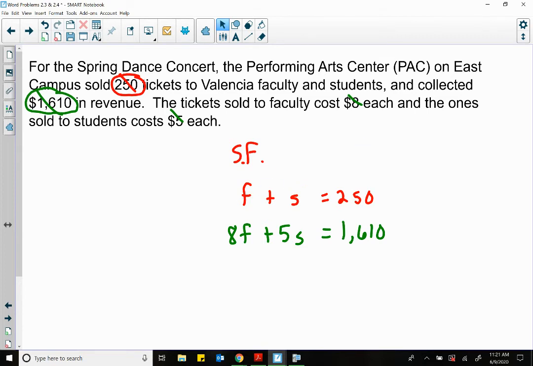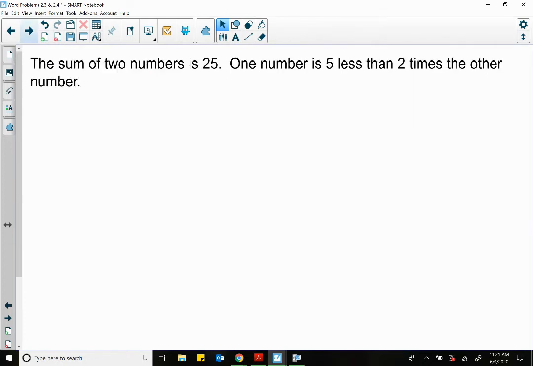Solve for F by subtracting the S to the other side, or solve for the S by subtracting the F to the other side. You could do substitution either way. But I think elimination, and I'd probably get rid of the faculty by multiplying this by a -8. And that would get rid of the faculty. Okay? There we go.